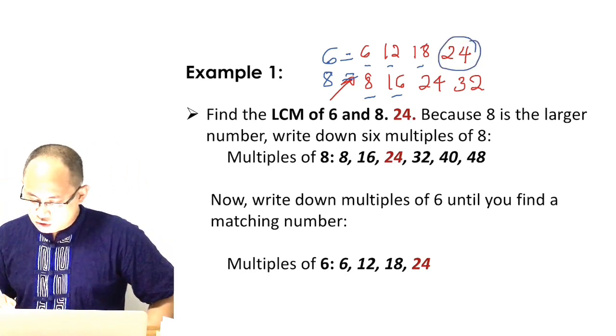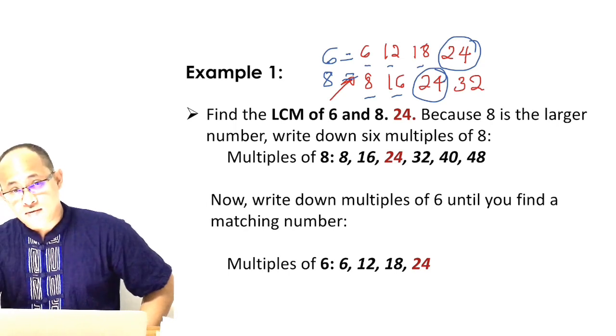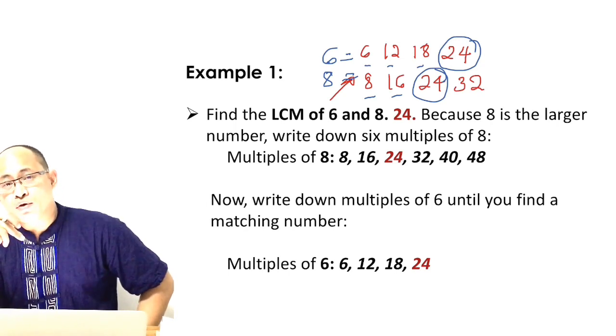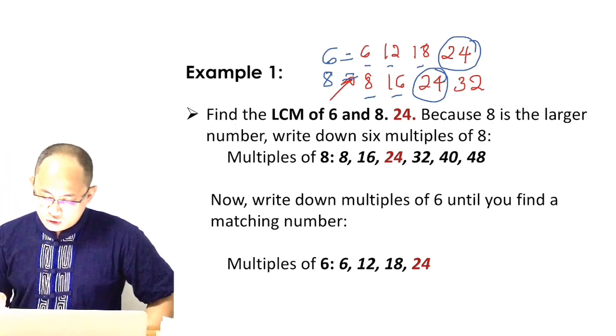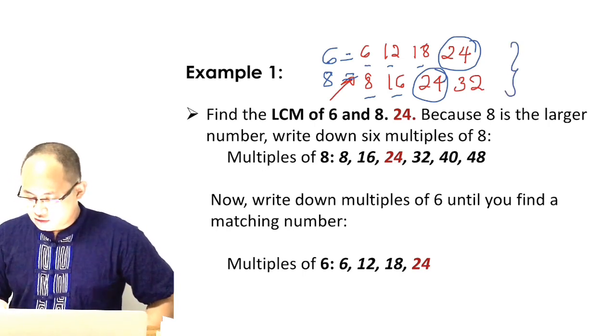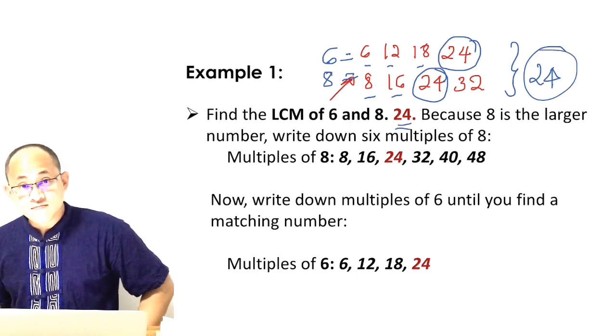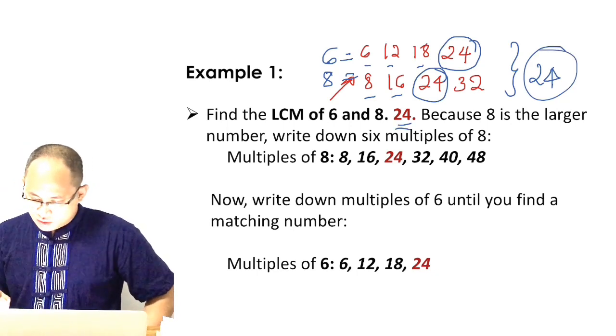We can find 24 here. So 24 is common between 6 and 8, and it's the least common number that we have. So therefore, the LCM of 6 and 8 is equal to 24.